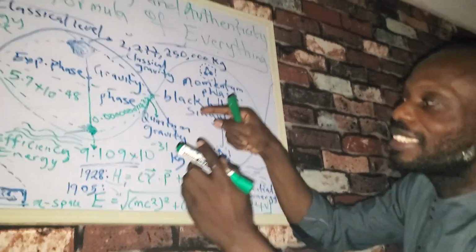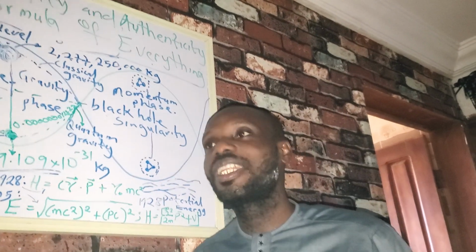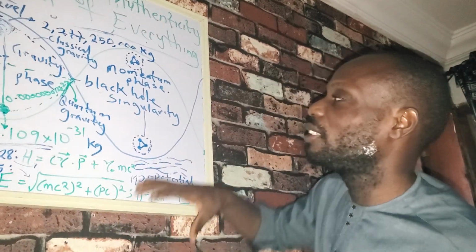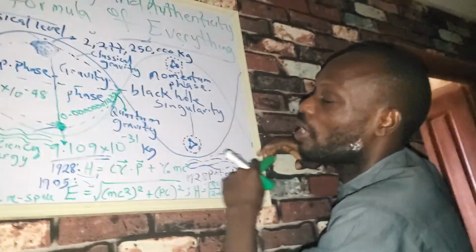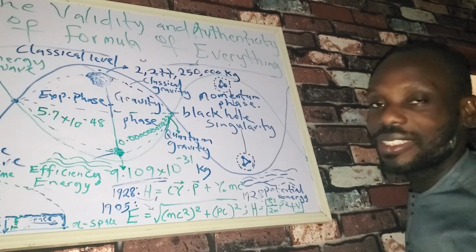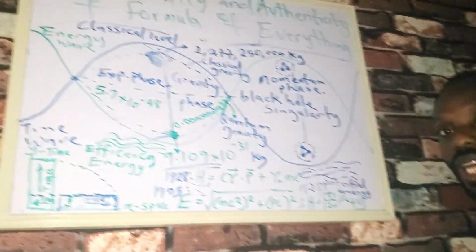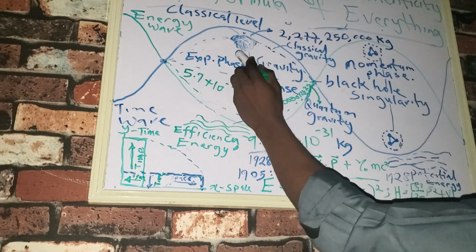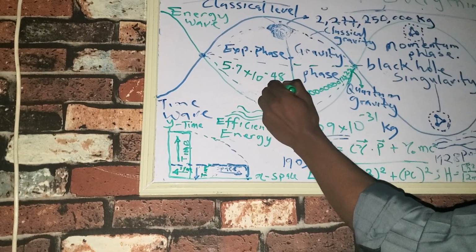So you can see the effect of chain in what I just explained, and that is why the universe is more or less like a chain, just as what we have here. You see time, and every side is invertedly related to each other. The quantum region and the classical region are inversely related.